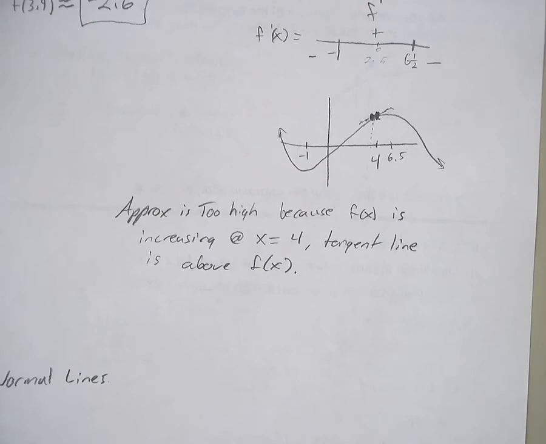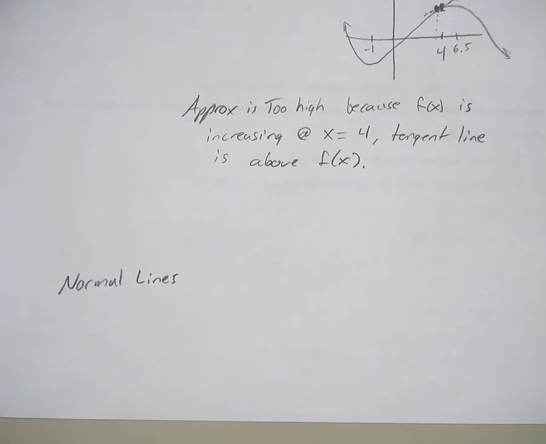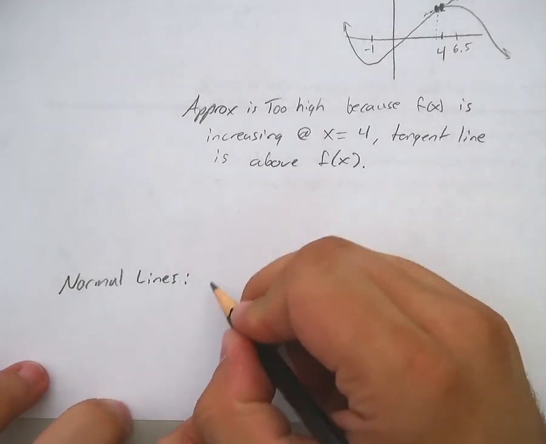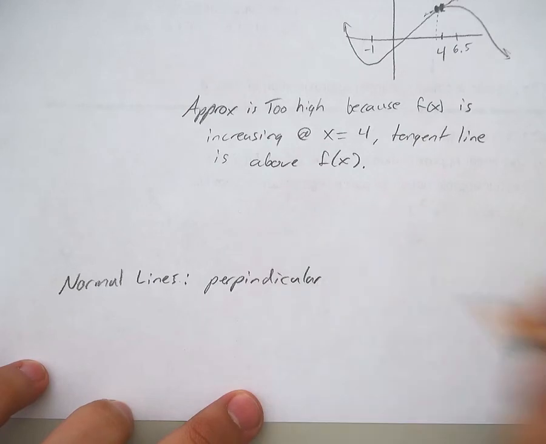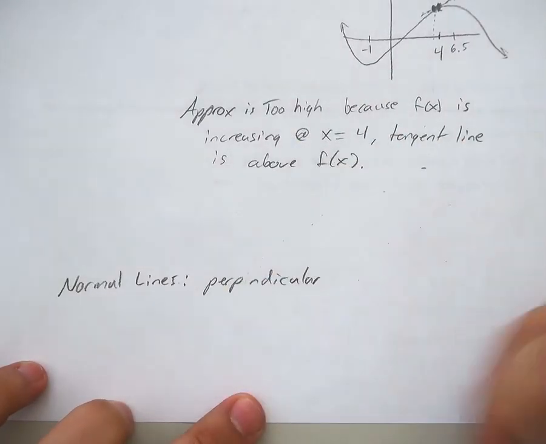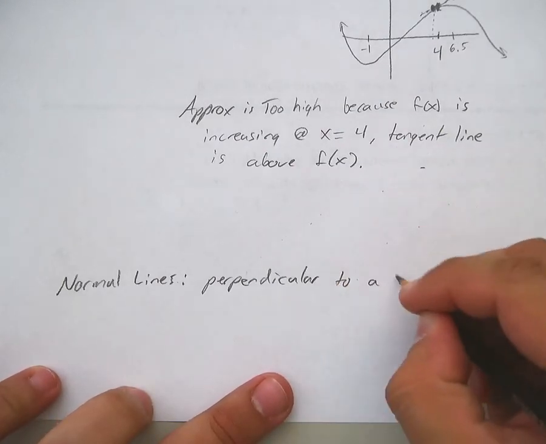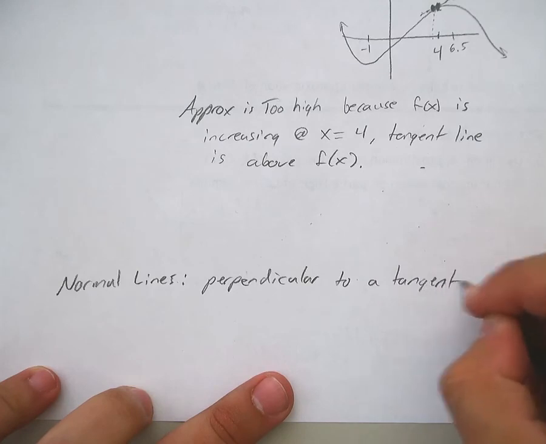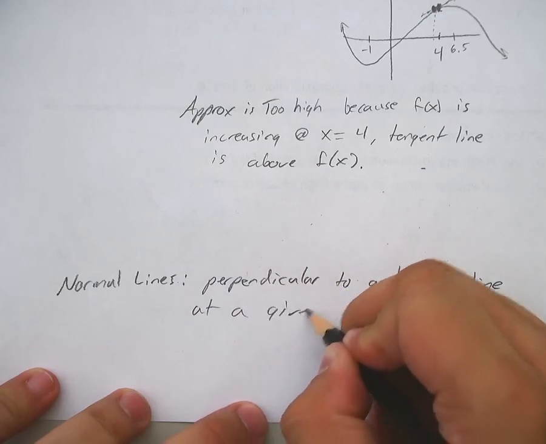Okay, and there's one thing that I would like you to do here before we go on. Down at the bottom, I'm going to give you a little vocabulary word, a normal line. Normal lines are perpendicular, and I just misspelled perpendicular, that's an E right there, are perpendicular to a tangent line at a given point.